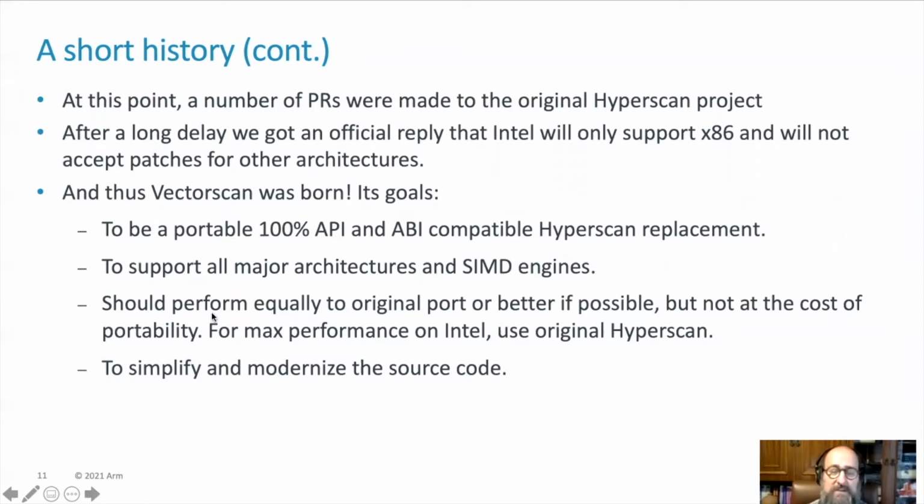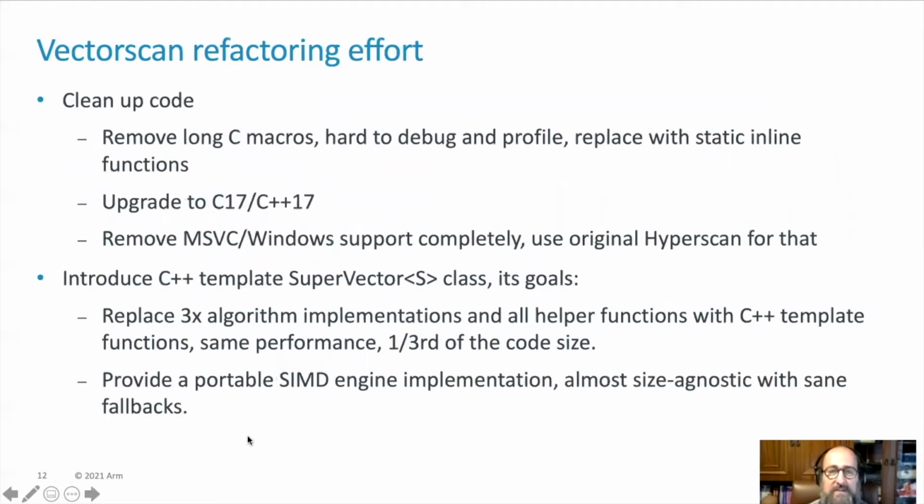Furthermore, one of the benefits of using a separate project was that we had the luxury to simplify and modernize the source code as we need, something that we could not do in the original project, at least not as easily. Following that decision, we started a longer term project to refactor Vectorscan.